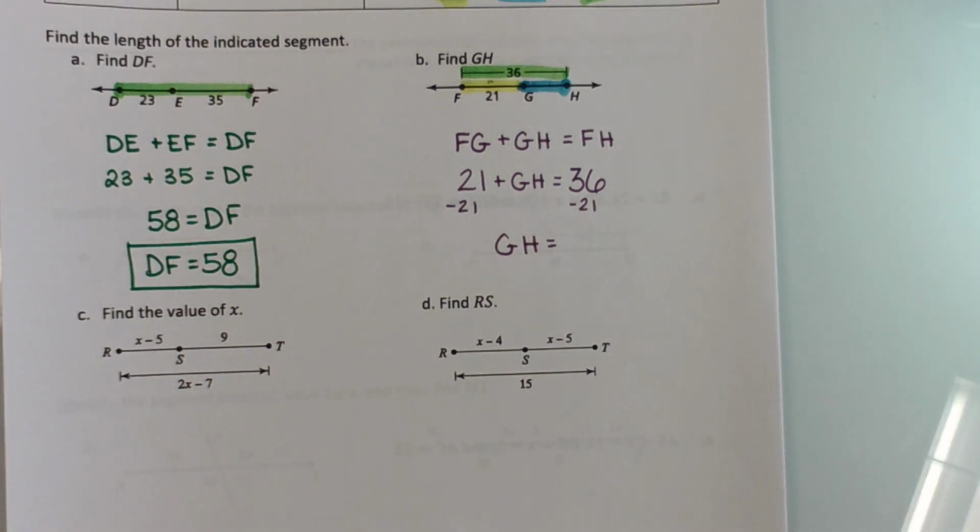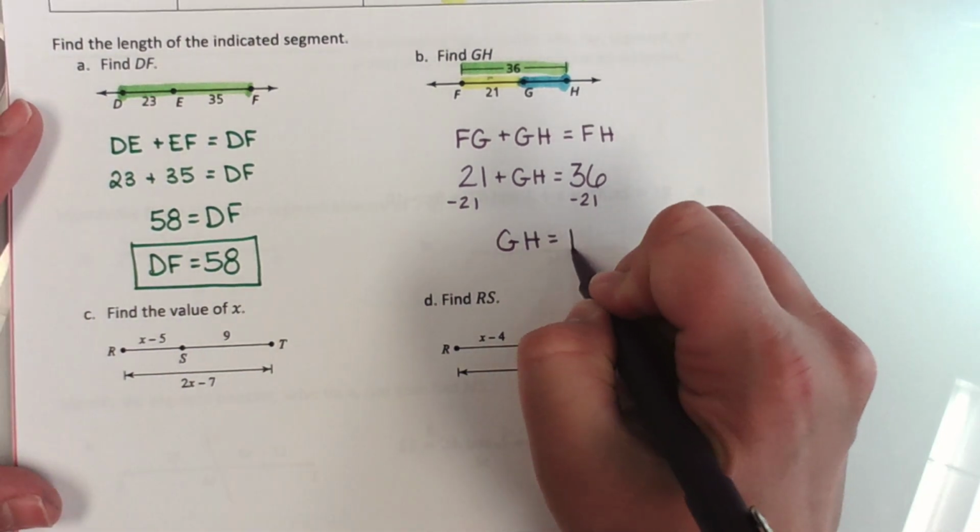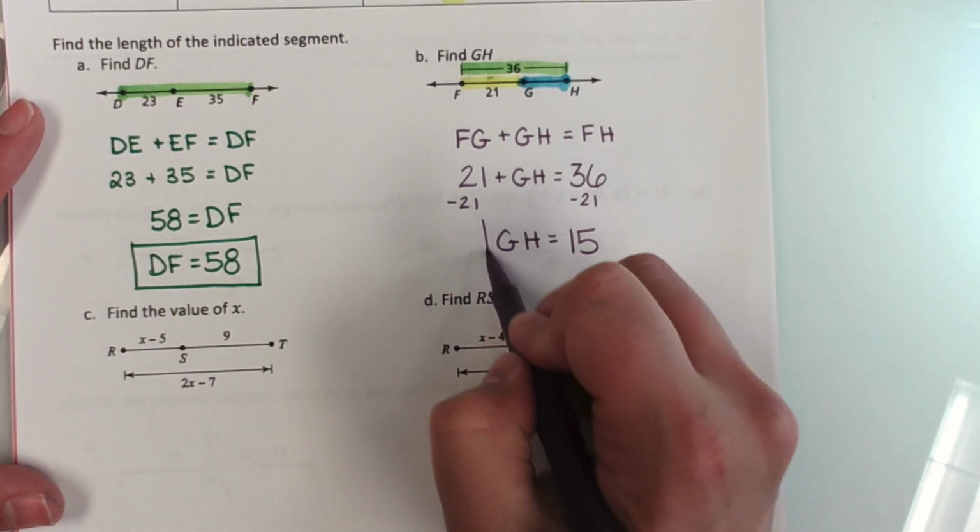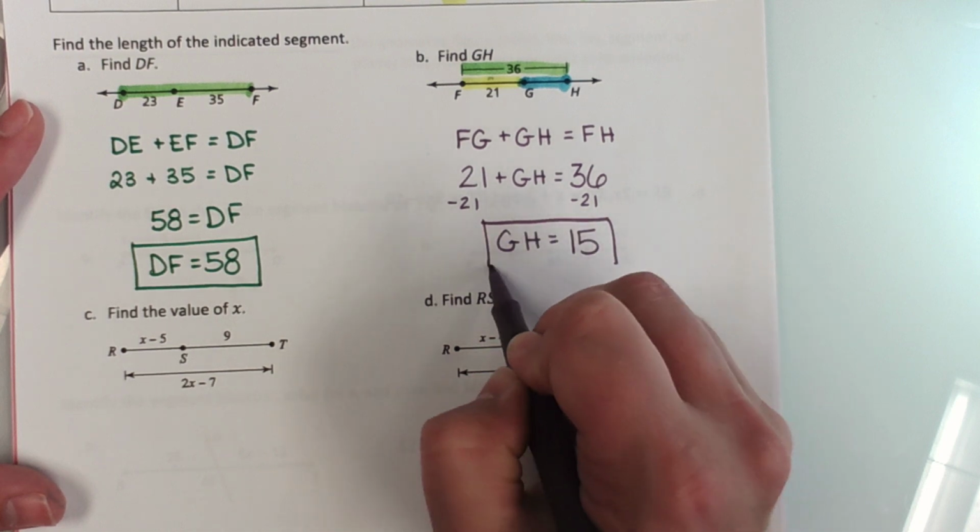You know there's calculators up here, right? You can grab one if you need one. We might need them for our coming problems. 36 minus 21, 15. And that's what the question was asking for.